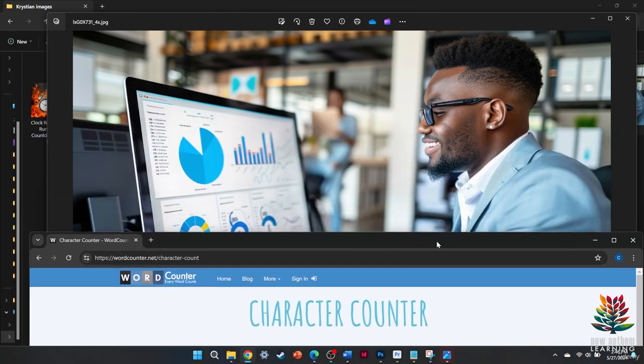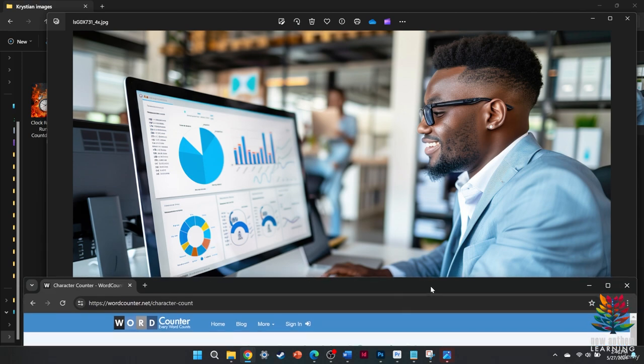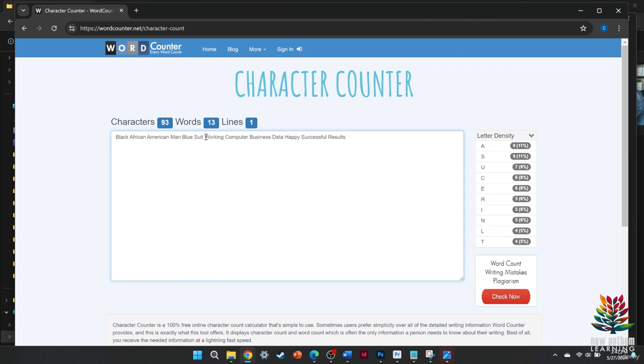So I'm keeping happy, successful results, the idea of success, the data. He's looking at data. These are results he's looking at. That's what it is, I'd say. So if we take out blue suit, it probably gets us about 10 characters closer to 70. I feel good about this title. I'll put blue suit into the keywords for sure, but I'm including this as the title.